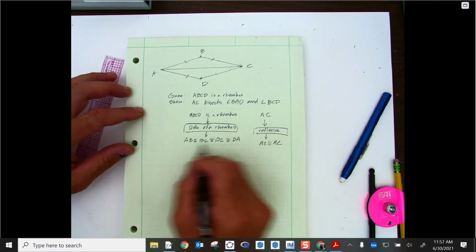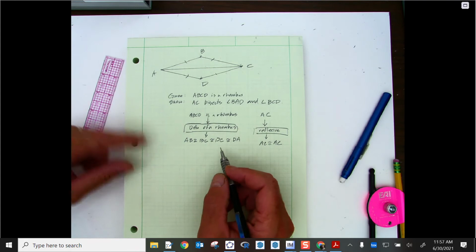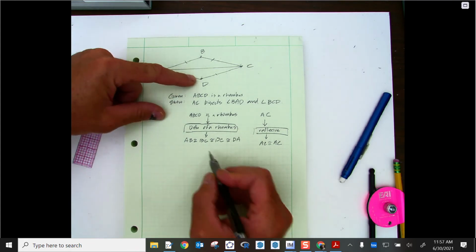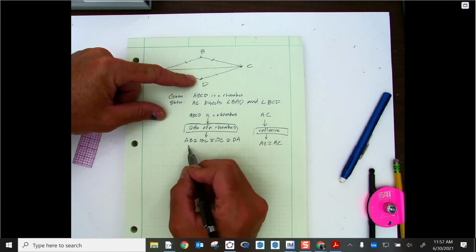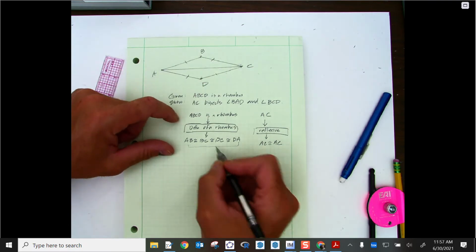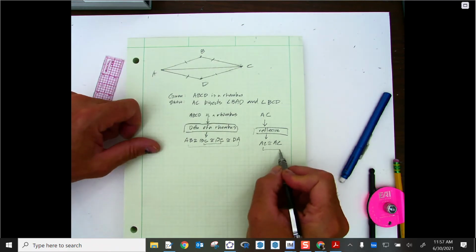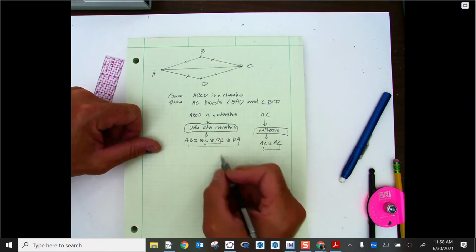Now we have three side correspondences. AB to AD, sort of these two, and then BC to DC, these two, and then AC to itself, these two. So that's side, side, side.